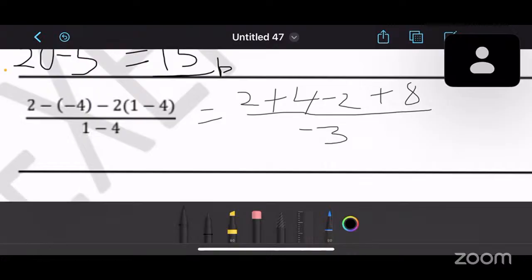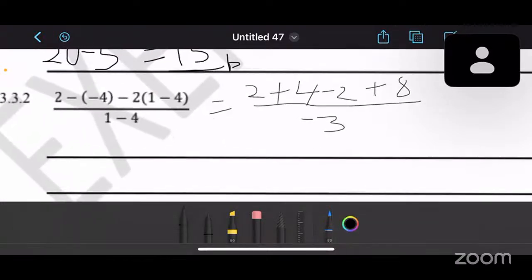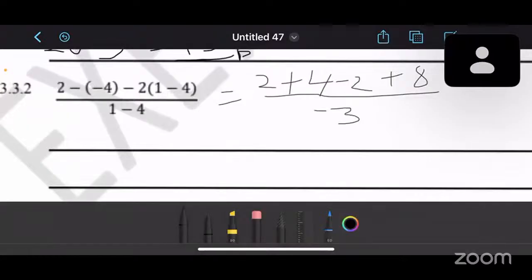Then next you write 6 minus 6 as the numerator.